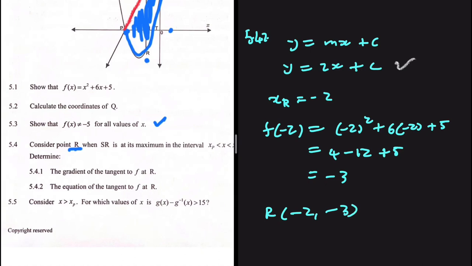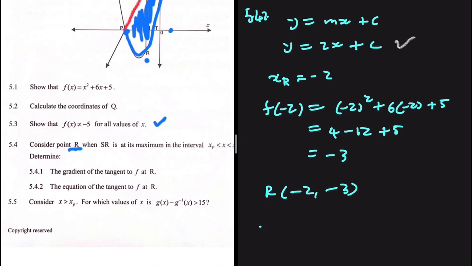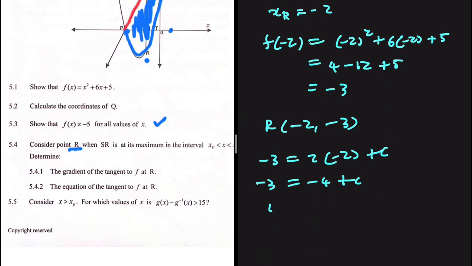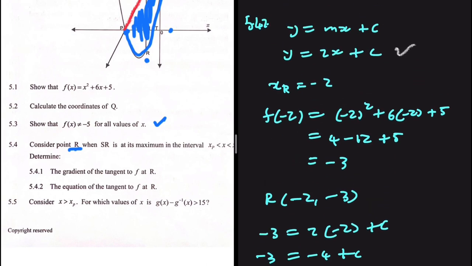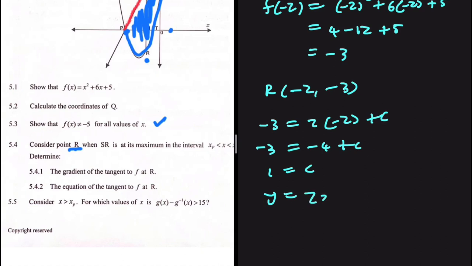If we substitute into our equation, we get minus 3 equals 2 multiplied by minus 2 plus c. So minus 3 equals minus 4 plus c, so 1 equals c. Then y equals, what is the gradient? 2. So we have 2x plus 1 being the equation of our tangent.